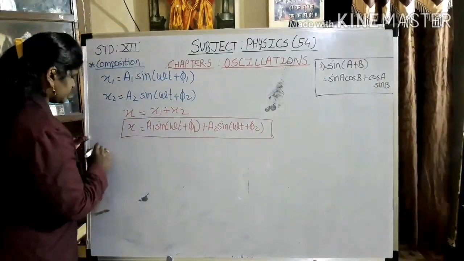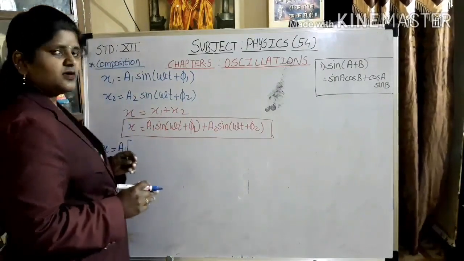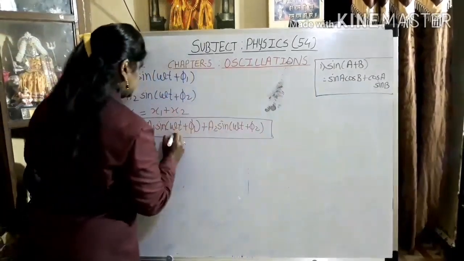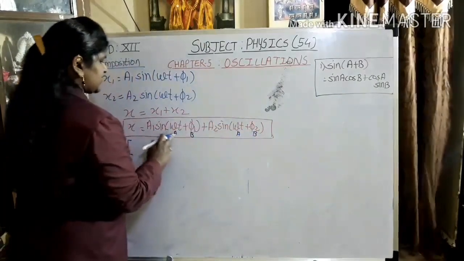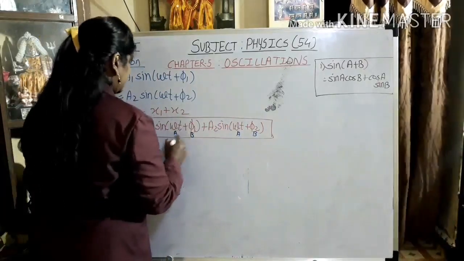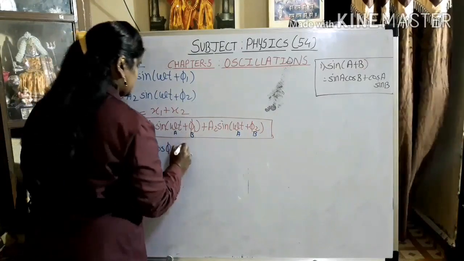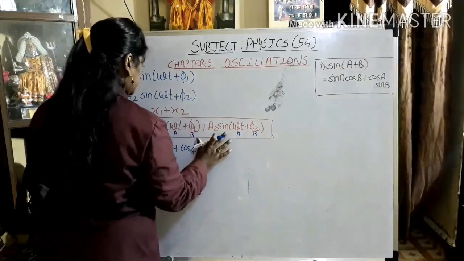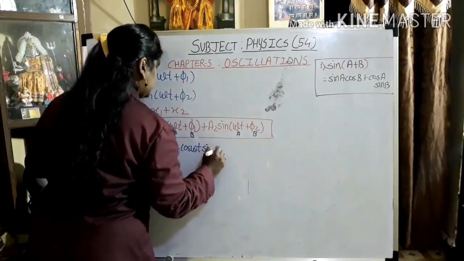So I will start from here, x: a1 will be as it is. Sine a cos b, so I will write a over here and b over here, plus cos a sin b.